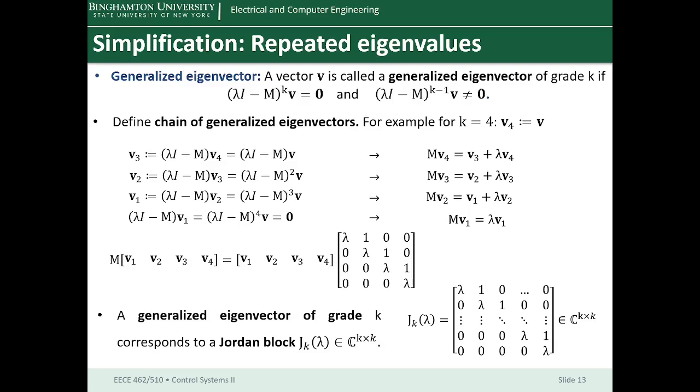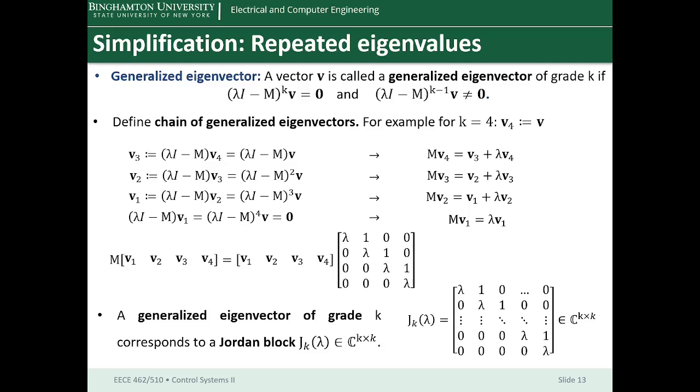It means that even if a matrix doesn't have enough ordinary eigenvectors, we can still construct a complete basis using generalized eigenvectors. And when we represent the matrix with respect to that new basis, it takes on a block diagonal form made up of these Jordan blocks.